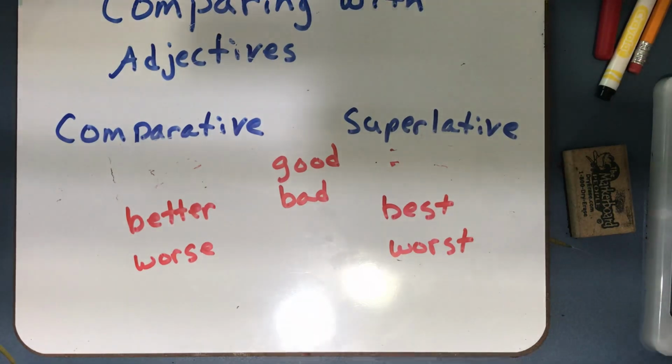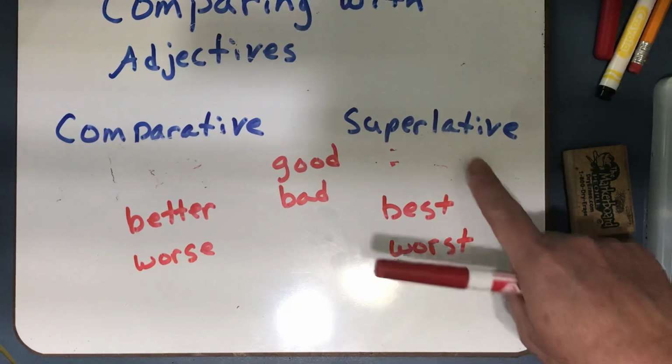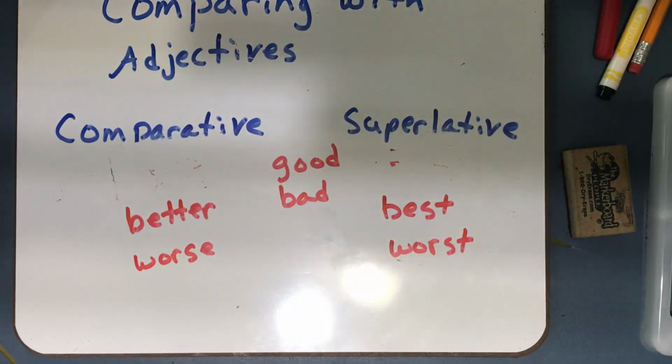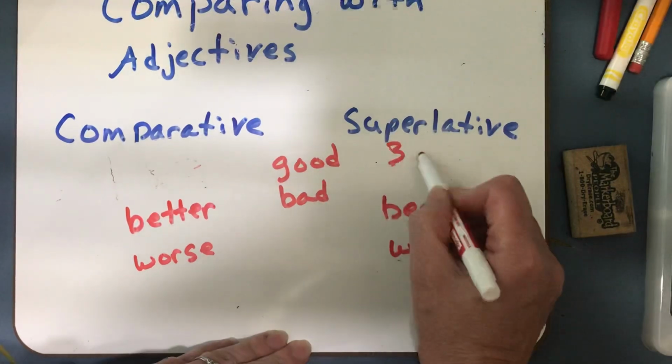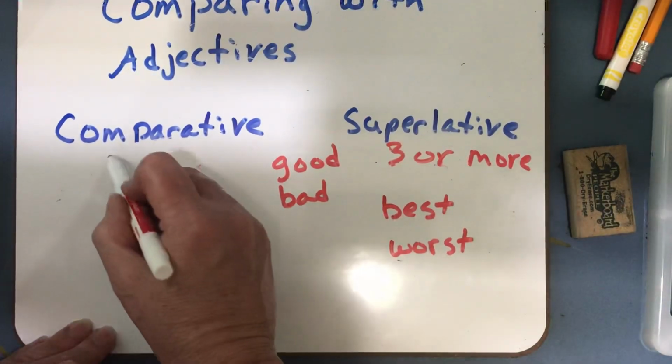Right, worse, when I compare two things, you could say I got a worse grade on my math test than on my English test. And for worst, you could say that was the worst night's sleep that I have ever had. So best and worst are superlative. 3 or more things being compared. 3 or more. Okay? And better and worse are comparative.